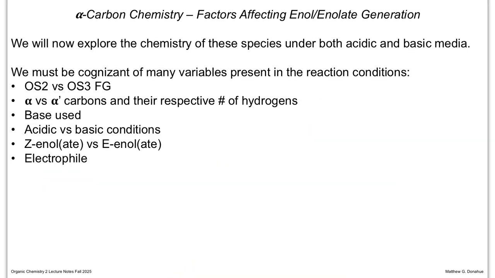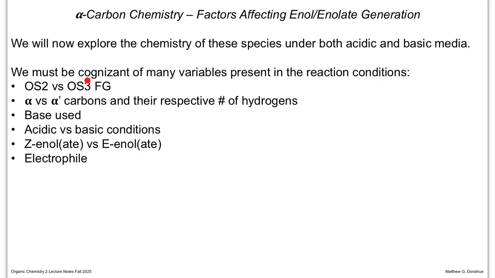So why does this get its own module, its own chapter? Why is it complicated? There's a lot of factors that go into forming the enol or enolate, and then again, the nature of the electrophile that you're using. And then as we proceed through this, we're going to encounter a stereochemical issue as well. So regarding the substrate that's going to form the enol or enolate, is it aldehyde or ketone?